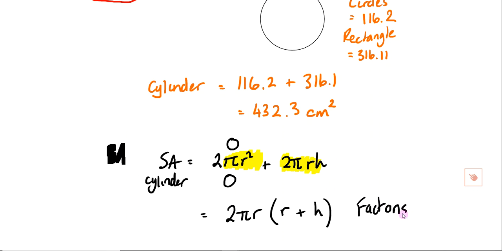It's factorization because I have taken out the highest common factor, which is 2 and pi and r. 2 pi r is the common thing in both parts. So it's the common factor that I've been able to take out.